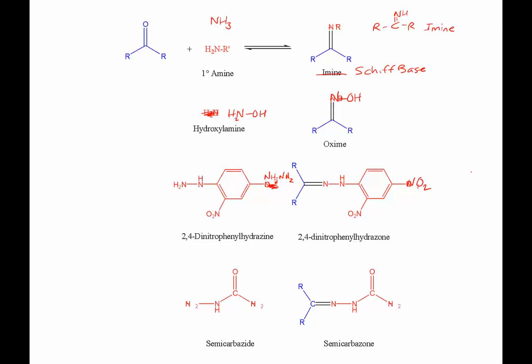Then you could also make semicarbazides by taking this NH2 attached to an NH attached to a carbonyl and NH2. And that makes what's called a semicarbazone.